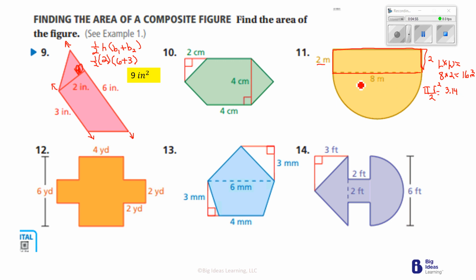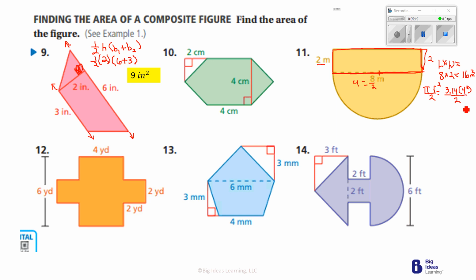My radius is half of my diameter, and all the way across is my diameter. So halfway across is half of 8, and that's 4. So my radius is 4. And then I have to square that. Okay, and then I will be dividing everything by 2. All right, let's do this.